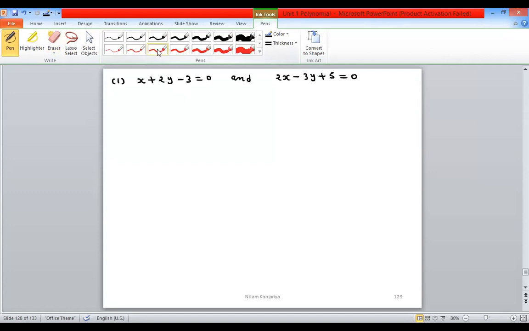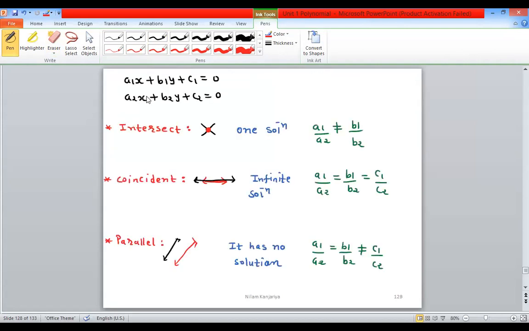Let's check whether the given lines are intersecting, coincident, or parallel. So these are the conditions.